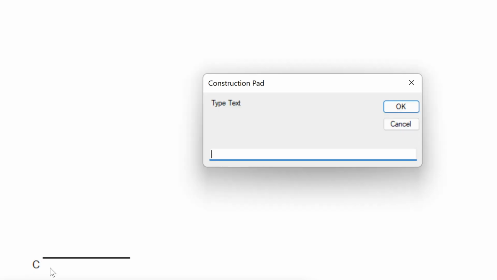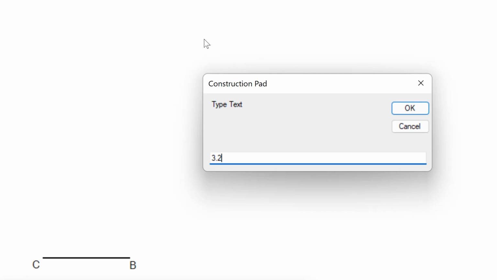Left side point is C and right hand side point is B. Then the length is 3.2 centimeter.